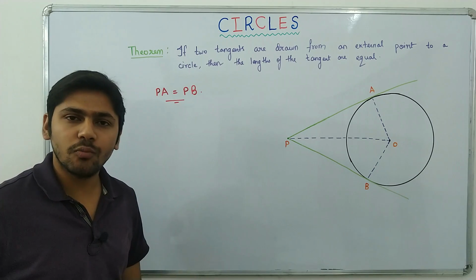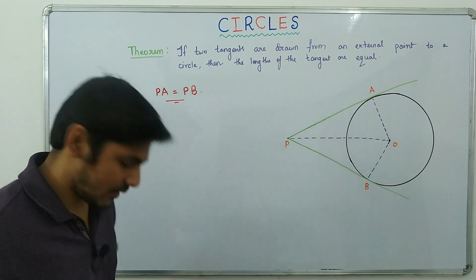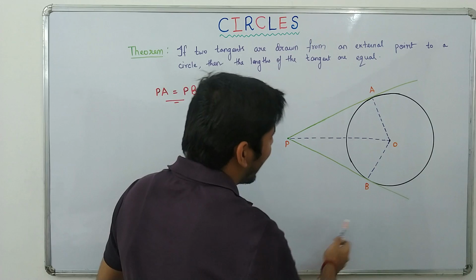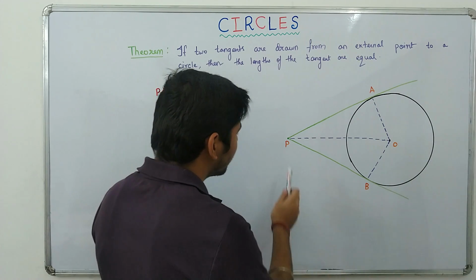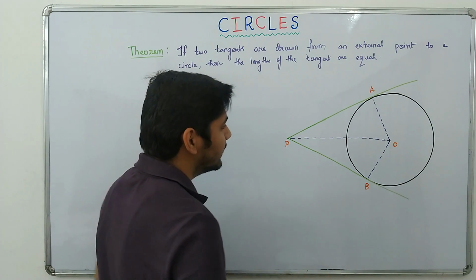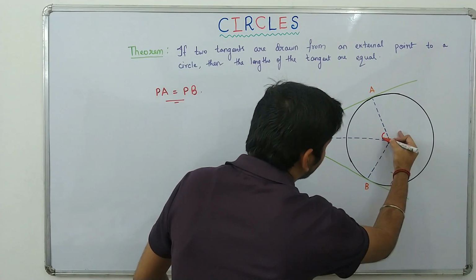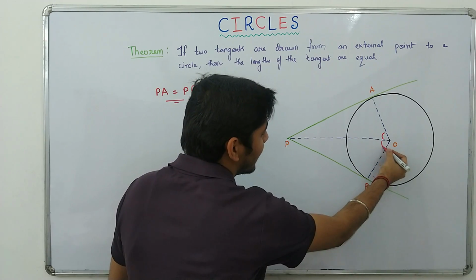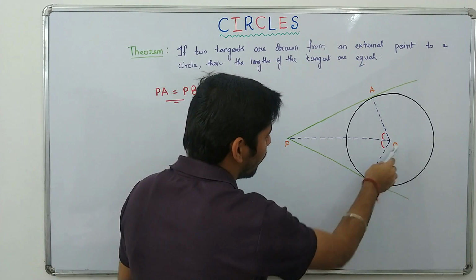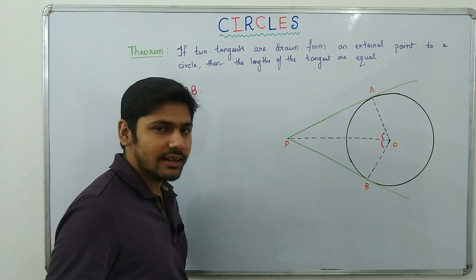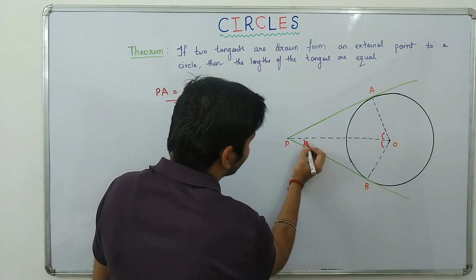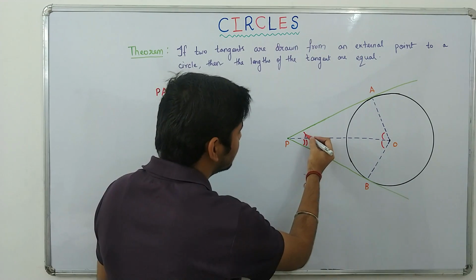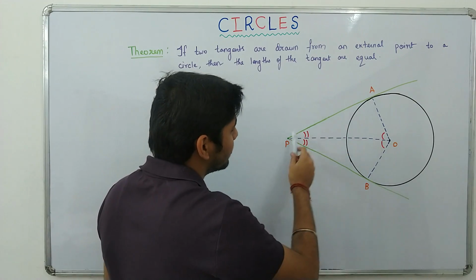Over here we get two more important results. Say we have a figure like this where we have a circle and two tangents are drawn to the circle from the same external point P. Then this angle, that means angle AOP, will be equal to this angle, that means angle BOP. And the second result, that this angle, that means angle BPO, will be equal to this angle, that means angle APO.